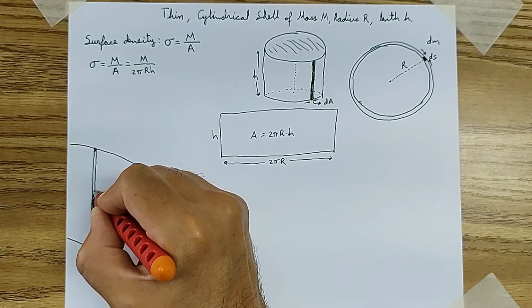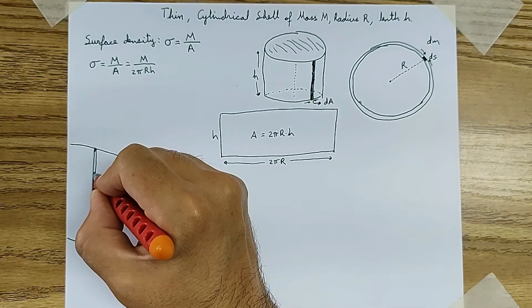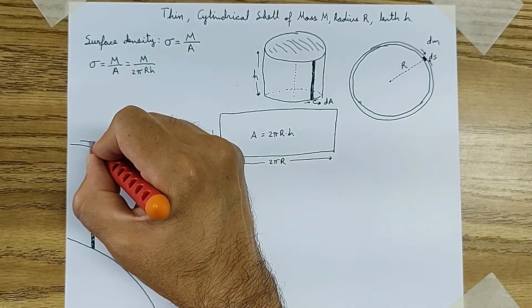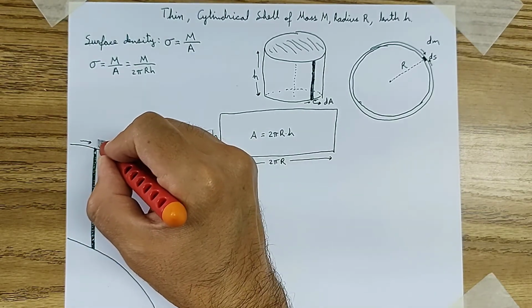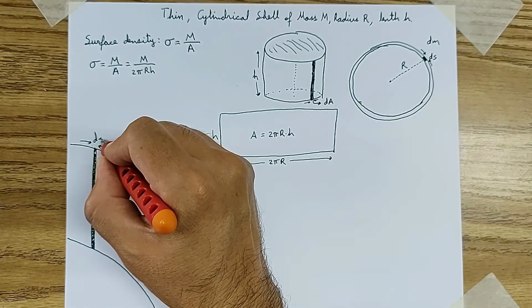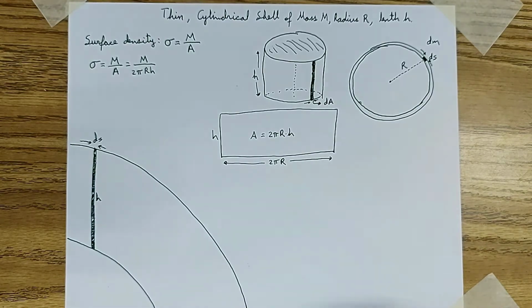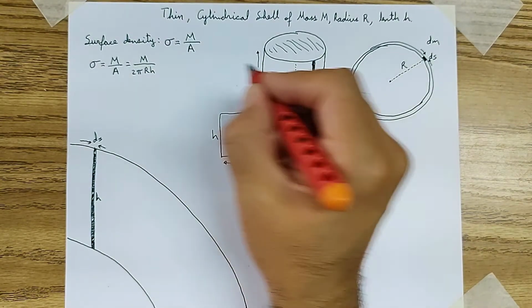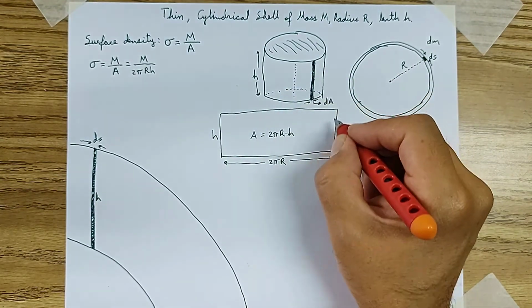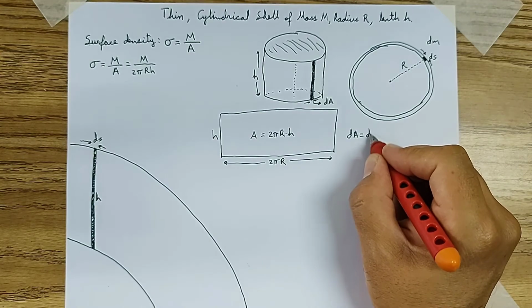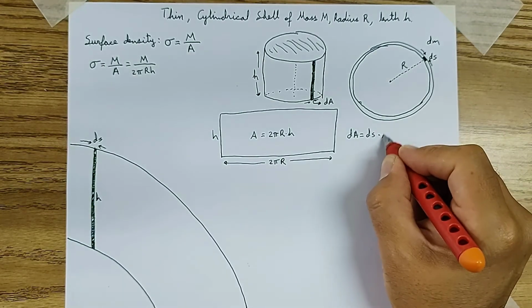At the infinitesimal level, this can be obtained as the area of a rectangle where the width is an infinitesimal arc ds and the height is h. Therefore, the area dA will be equal to base ds times the height.